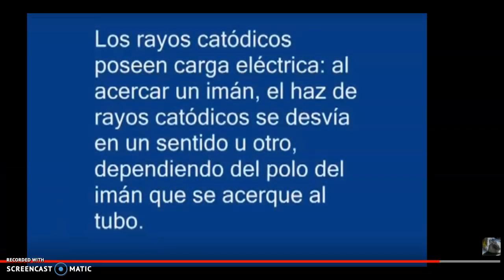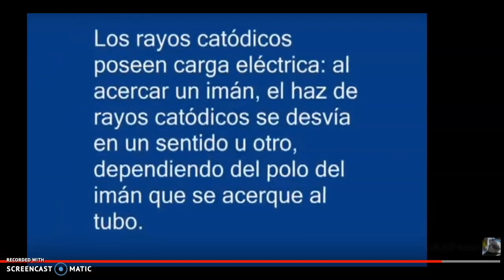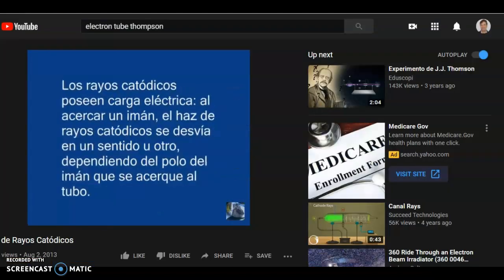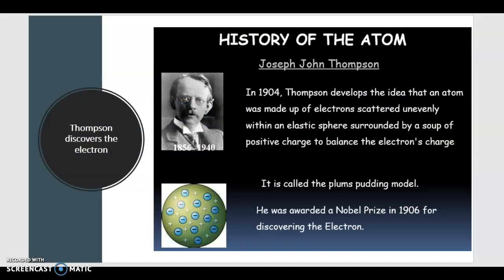So that was a very important experiment that Thomson did. By running those experiments and seeing those electrons, he came up with this model of the atom, which was very important. Really just discovering that the atom was not a solid chunk of material was a huge discovery, and he was awarded the Nobel Prize for that discovery.